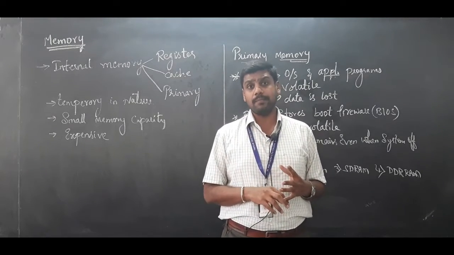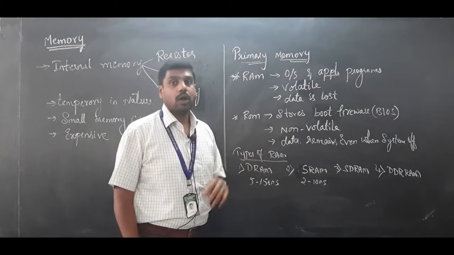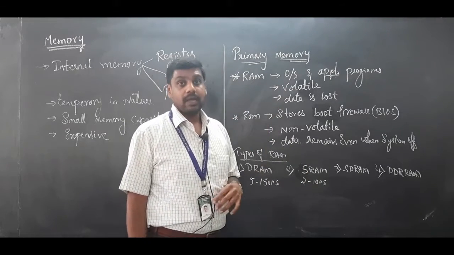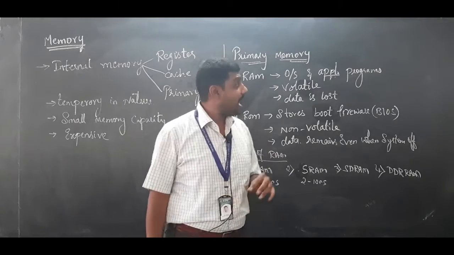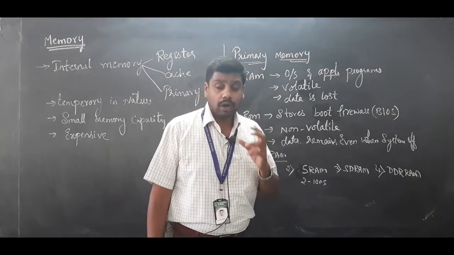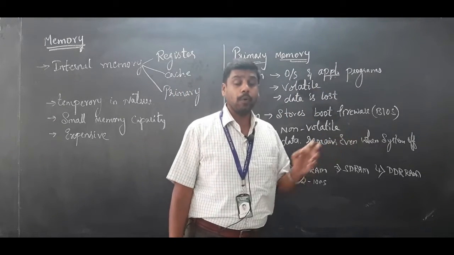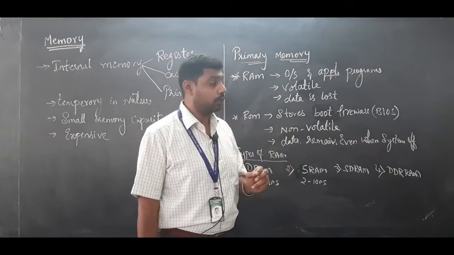This primary memory is classified into two types, that is RAM and ROM. What is this RAM? RAM stands for Random Access Memory, which stores the data or instructions of the operating system and application programs related to my computer.